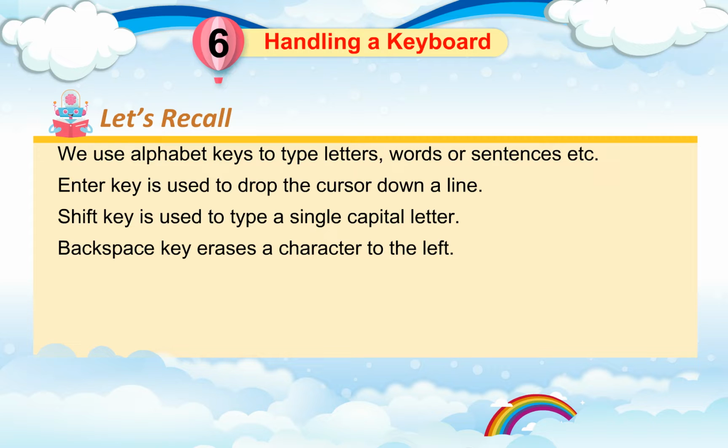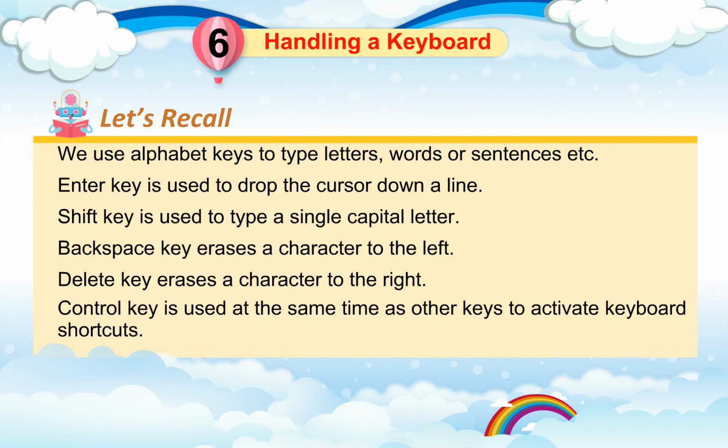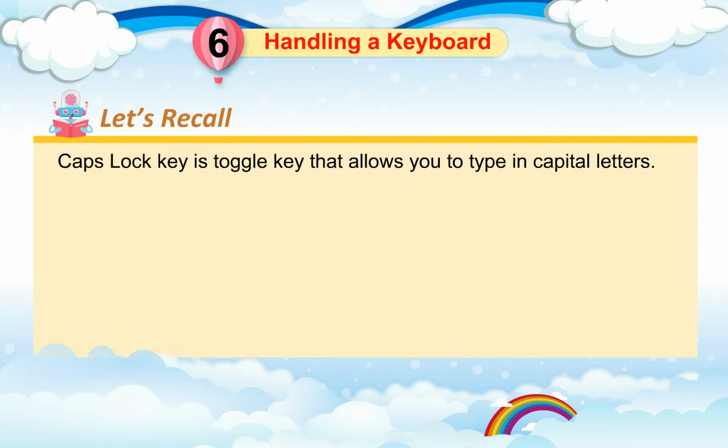Backspace key erases a character to the left. Delete key erases a character to the right. Control key is used at the same time as other keys to activate keyboard shortcuts.